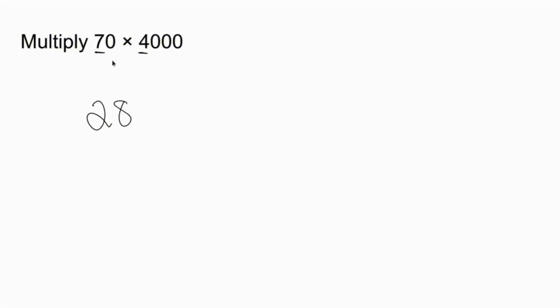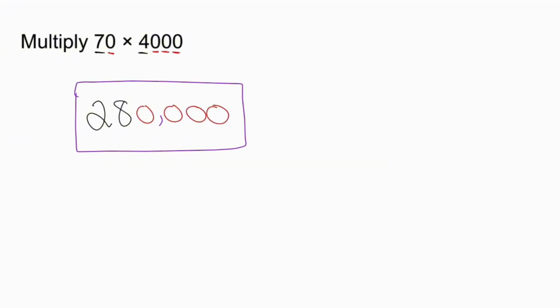Then what you do is you attach the zeros at the end of each number. So I have 1, 2, 3, 4 zeros here. So I'm going to attach 1, 2, 3, 4 zeros. Okay, count over, put your comma where it needs to be, and 70 times 4,000 is 280,000.